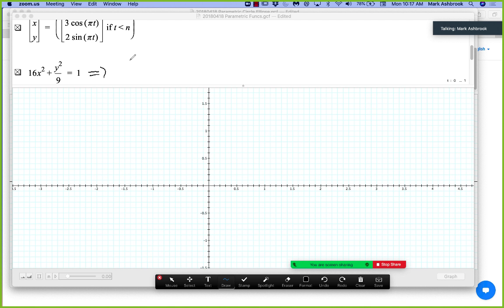We want x squared over something plus y squared over something equals 1. So it would be x squared over what? 16x squared is the same as x squared divided by 1/16, right?